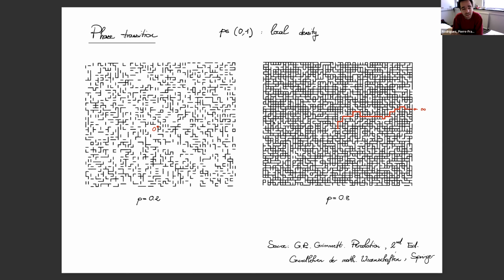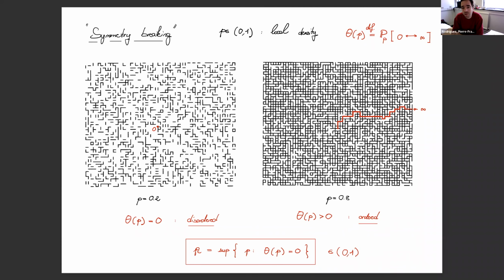One way to see this is that if I send you to the back of the room, then the picture on the left will essentially look white, and the one on the right will essentially look like the full lattice. Now one way to measure this difference mathematically is by the introduction of what's called an order parameter, at least in physics.